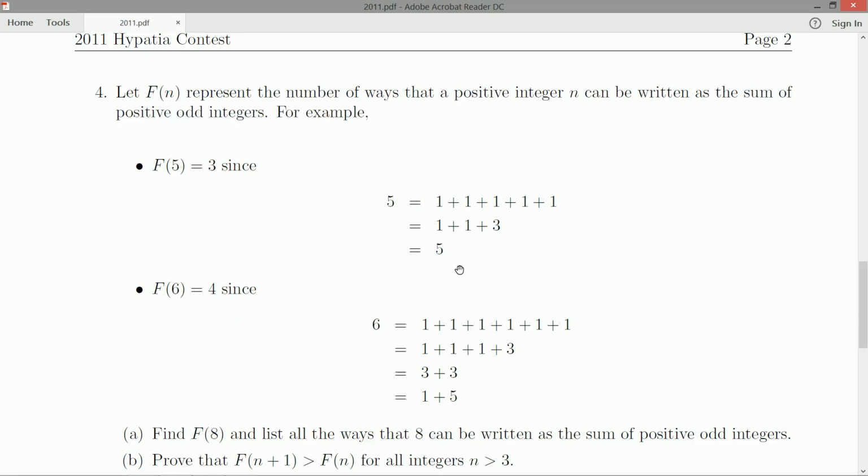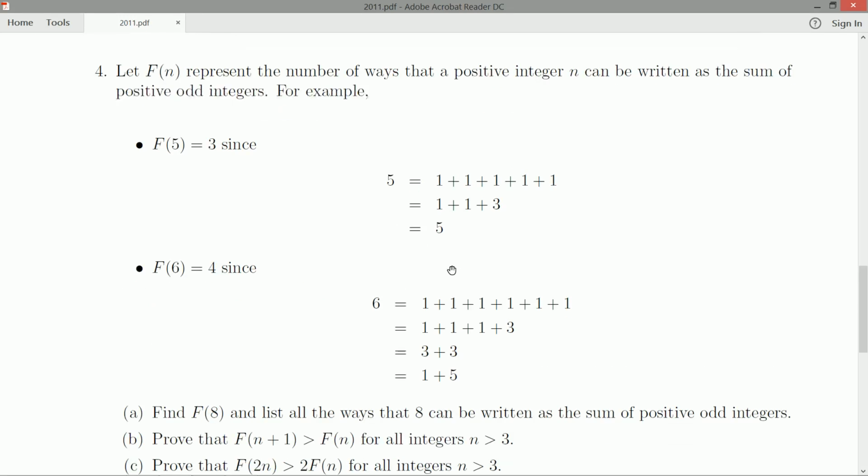Okay. So this is what we're going with, and it puts me in mind of a more well-known mathematical problem called the partition problem, which isn't odd integers, but it asks, in how many ways can I write a natural number as a sum of other positive integers? And as I recall, there isn't a very satisfying answer to this, so maybe they've chosen odd numbers so that things work out a little nicer, or maybe they're not going to ask us to completely characterize f of n.